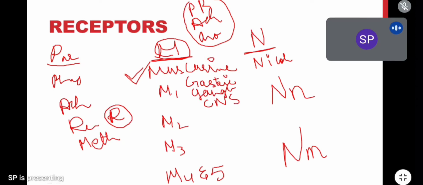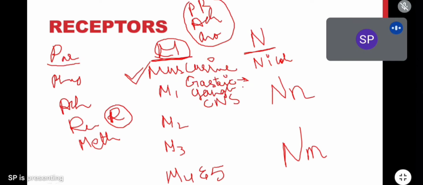When the M1 receptor in gastric tissue or in gastric glands is stimulated, the action will be excess release of gastric acid and excess release of gastric hormones.